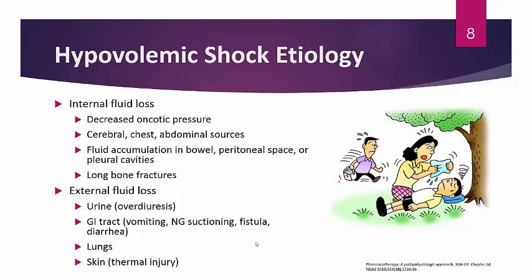Things that can cause external fluid loss from your intravascular space are things such as going to the restroom too often or overdiuresis. So we have to watch out and be very careful in our heart failure patients who are on diuretics, for example. You might also have cases where people may lose fluids from the GI tract from nausea, vomiting.